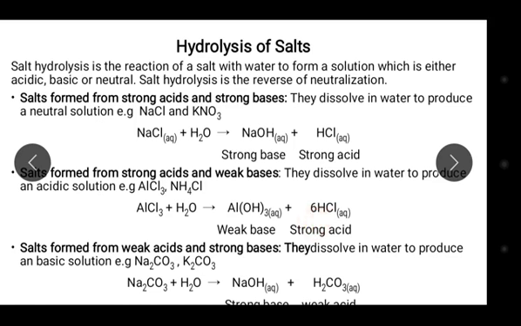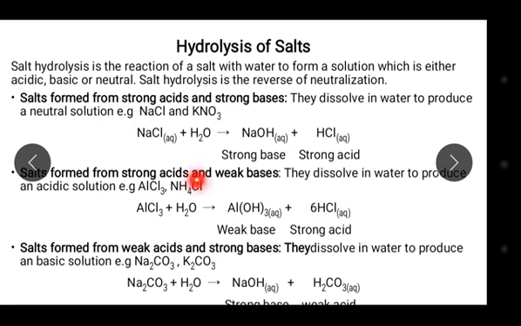When you hydrolyze this kind of salt in water, it will give you a strong acid and a weak base. So the solution will be acidic because the acid is strong. So the entire solution will be acidic.